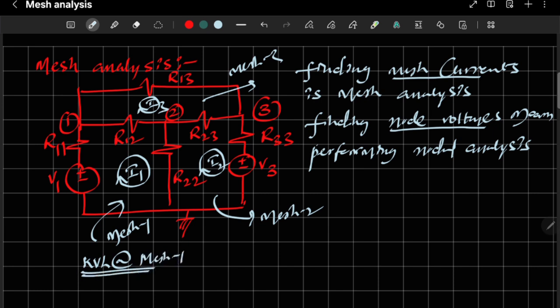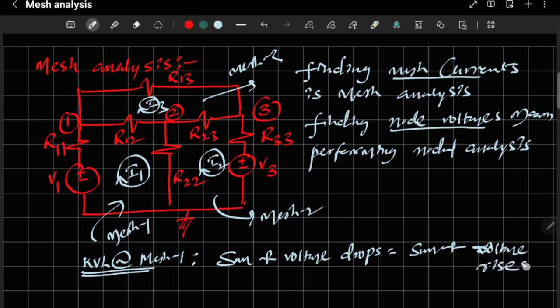Okay, so how to write it? For simplicity I am telling one thumb rule, that is, sum of voltage drops is equal to sum of voltage rises.